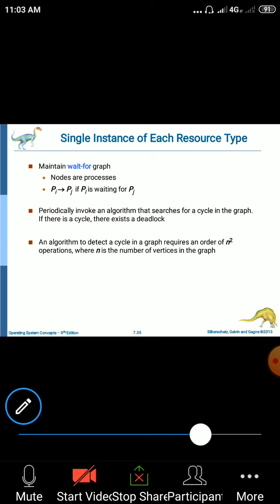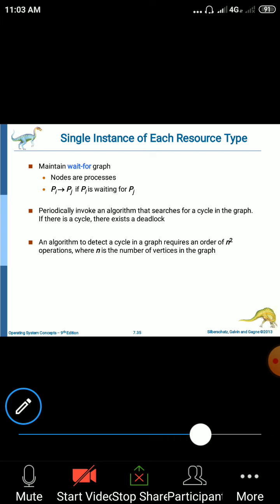In the same way, for deadlock detection and recovery, we have single instances of each resource type, and the other is several instances of a resource type, which is similar to the Banker's algorithm. So the first one is somewhat similar to the resource allocation graph, and the second one is similar to the Banker's algorithm. First we'll see a single instance of each resource type.